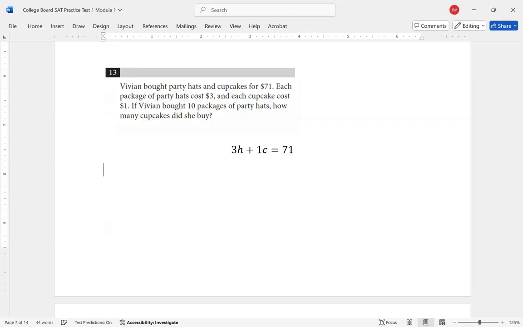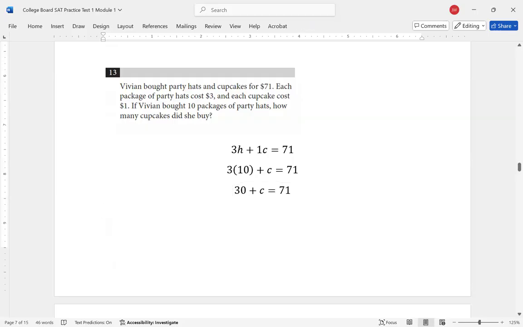Now we know that Vivian bought 10 packages of party hats. So 3 times 10 is how much she spent on hats. In order to find out how much she spent on cupcakes, I only need to solve this equation. So we'd end up with 30 plus C is equal to 71.